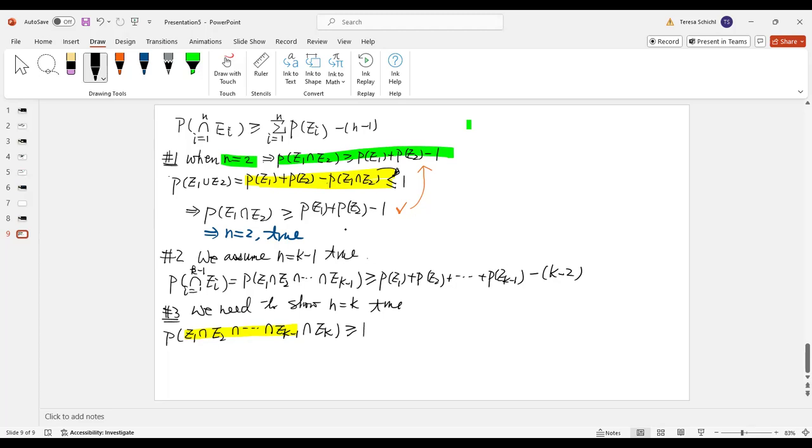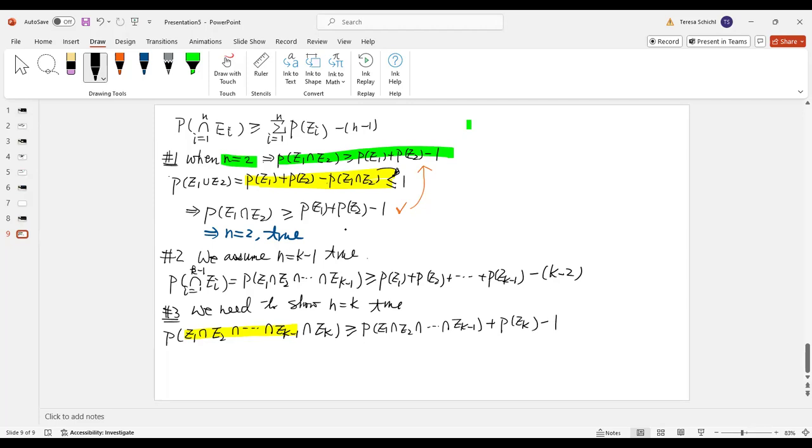So this is greater than or equal to the probability of E1 intersect E2 all the way to E(k minus 1), plus P(Ek), minus 1.